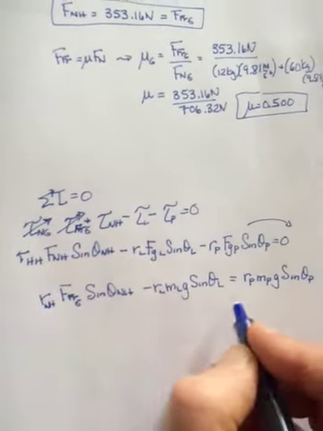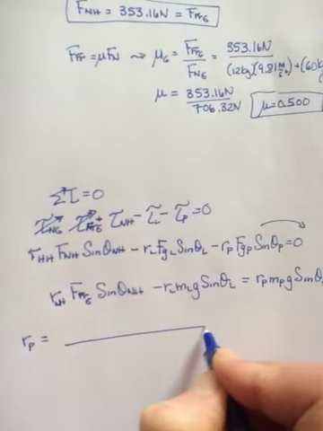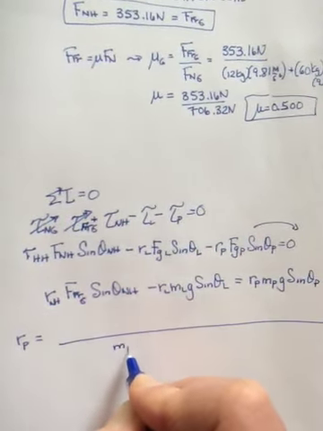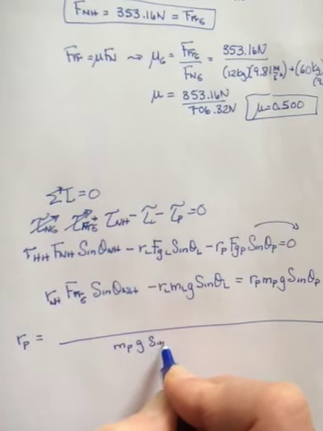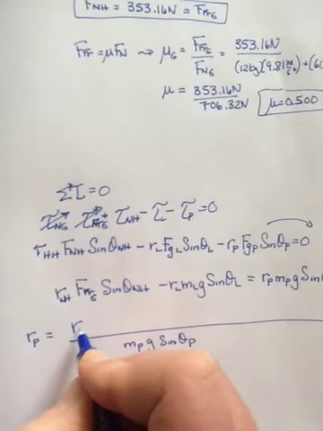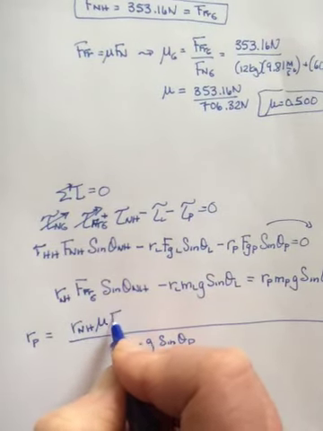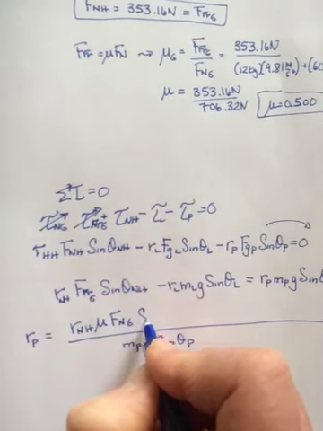Okay, and then we want to solve for R of the person. So we're going to divide by M of the person, G, sine theta of the person. But this force of the friction on the ground is really mu normal of the ground.